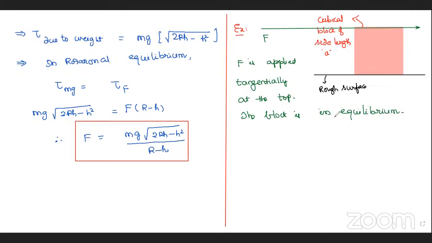Keep in mind, which kind of equilibrium is not mentioned here. The block is in equilibrium. Find the coefficient of friction, means mu. Mu equals how much? I swear mu is a numerical value. Look at the question, there is no numerical information.